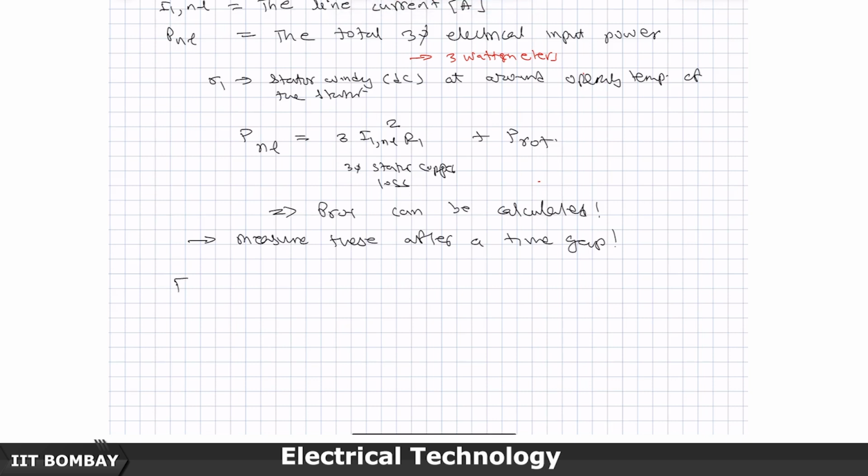the friction and windage loss separately. So, I want to separate P rotation into the RM component and the friction and windage loss.